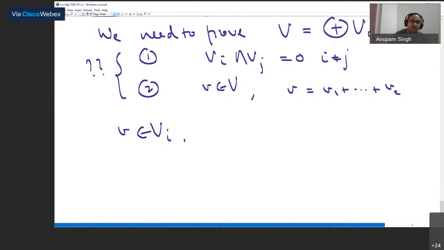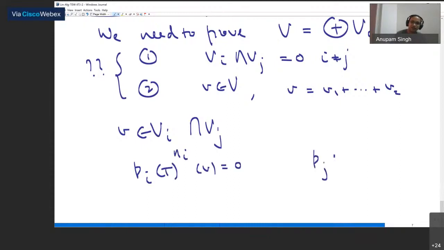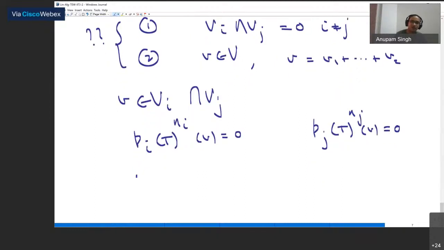Suppose I have a vector v which is in Vi, and the vector v is also in Vj. Right? What does that mean? That means Pi(T) to the power Ni of the vector v is zero, as well as Pj(T) to the power Nj of v is also zero. Okay. This is what is given to me. This is what it implies.